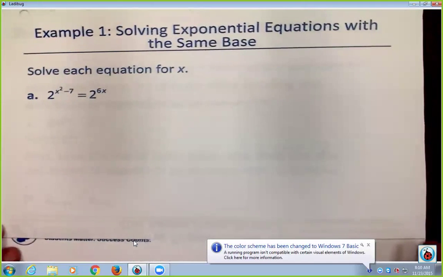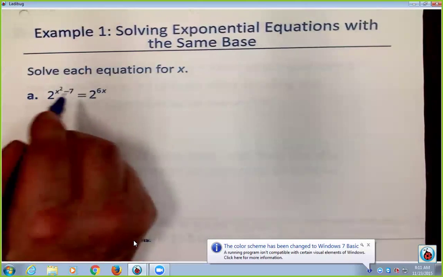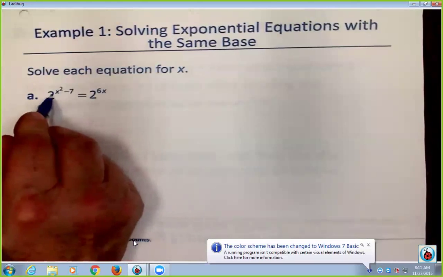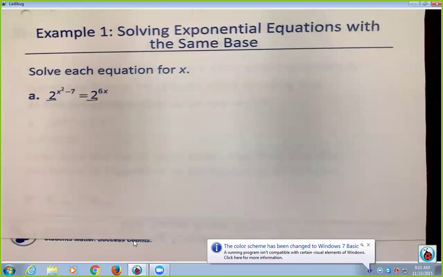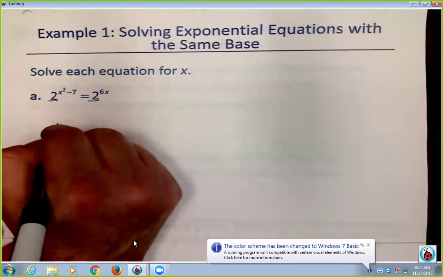So in this problem, things change a little. Our bases are the same, and so our math gets to be a little bit more difficult to do, mainly because our bases match. Since our rule tells us if the bases are the same, the exponents are equal to each other.